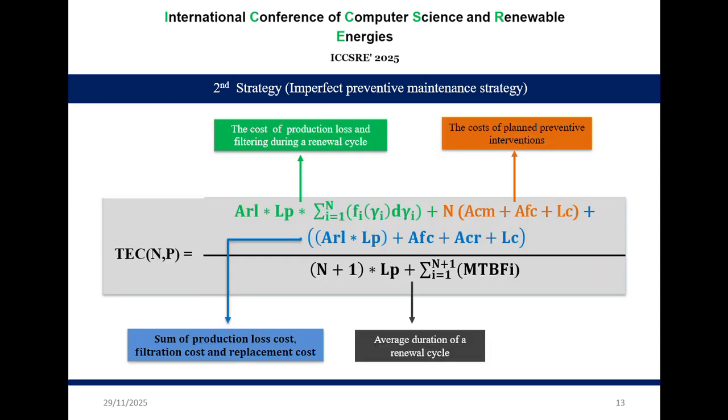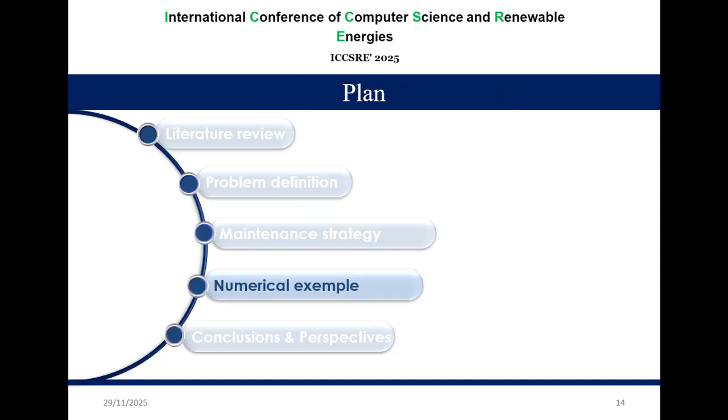So as I said, we have the cost of production lost and filtering during a renewal cycle, plus the costs of planned preventive interventions, plus the sum of production lost cost, filtration cost, and renewal cost. And all these expressions are divided by the average duration of a renewal cycle.